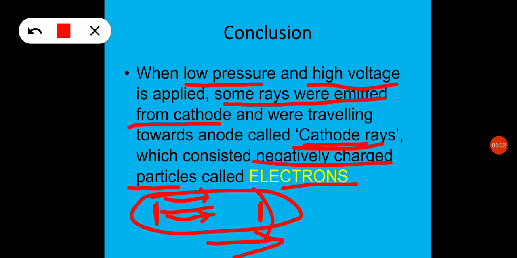Cathode rays are nothing but a beam of electrons, which are negatively charged particles. The anode is positive and the cathode is negative, so negative will attract positive. Hence these negatively charged particles were moving towards the anode. Clear? That is how the electrons were discovered.